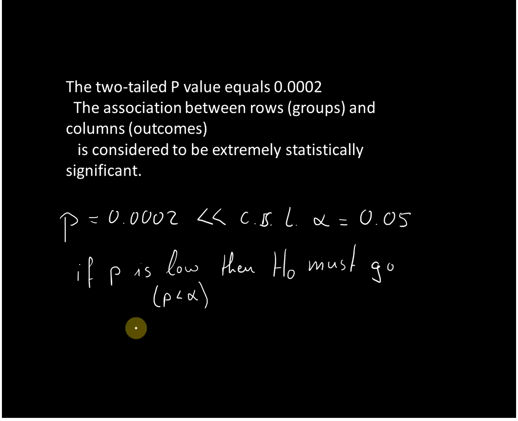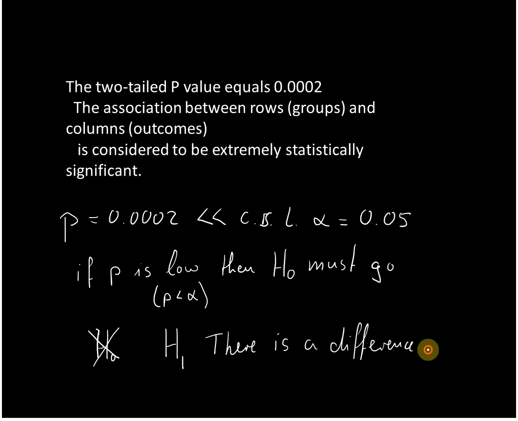We have to reject H naught, and we have to accept our alternative hypothesis, where it says there is a difference between men and women when it comes to pets.